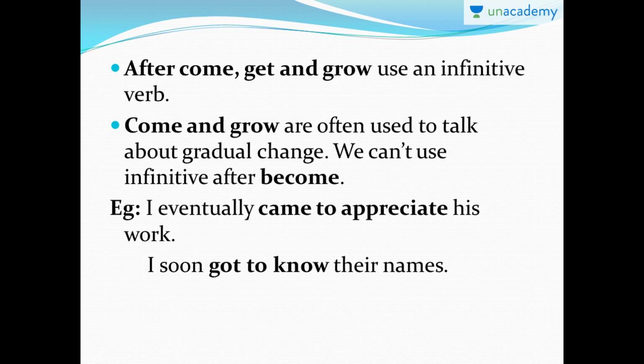So come and grow are often used to talk about gradual change. We cannot use the infinitive form of a verb after using the linking verb become. Okay, I cannot say I eventually became to appreciate. No, incorrect. I eventually came to appreciate his work. So it means I wasn't appreciating it before, and then gradually I started to.